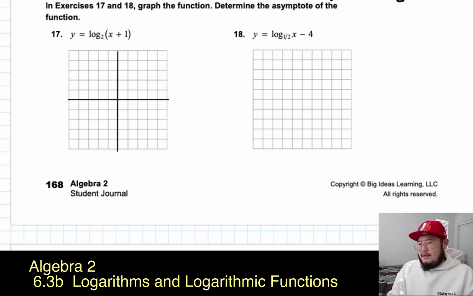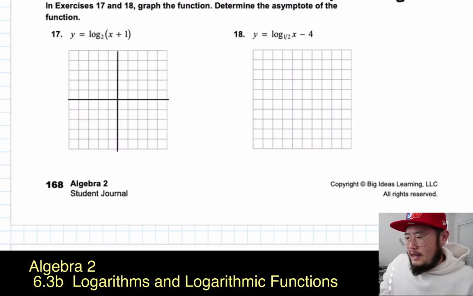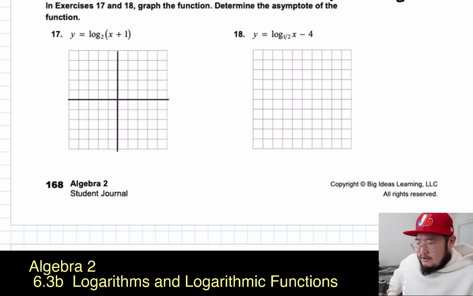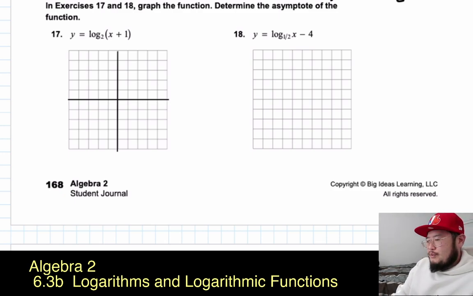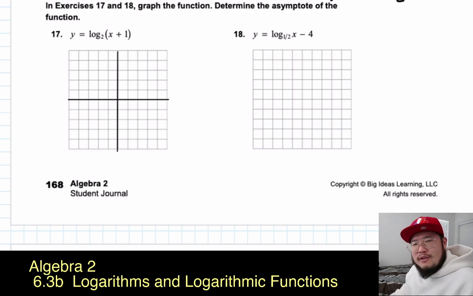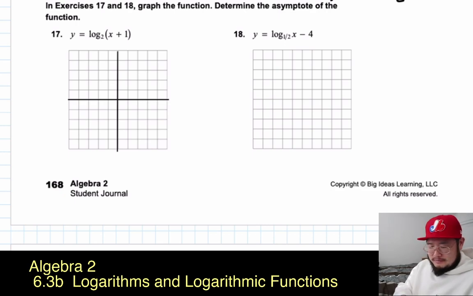If I wanted to graph a logarithmic function, we can't really graph a log unless you use a graphing calculator. So let's just say you don't have a graphing calculator and we're going to try to solve this out. Well, what can I do? I've got to figure out what are my values of x and what are my values of y?